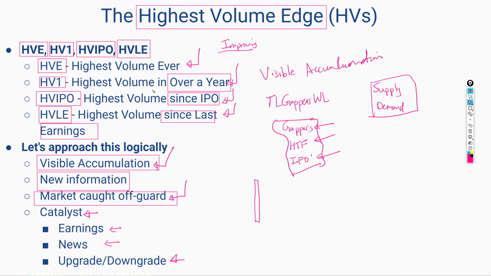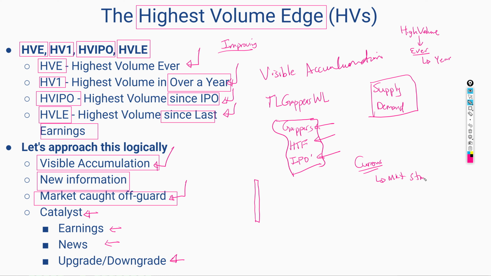So these things are constantly evolving, where I started with just high volume, and then it evolved into, I'm seeing this particular ticker with the highest volume ever, right? And then it evolved into, I see this particular ticker with the highest volume in over a year. And those are consistently winning. So you just have to be curious about market structure, right?